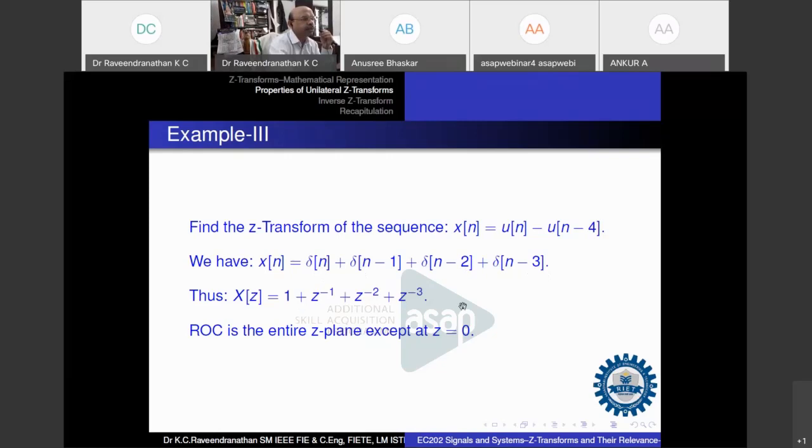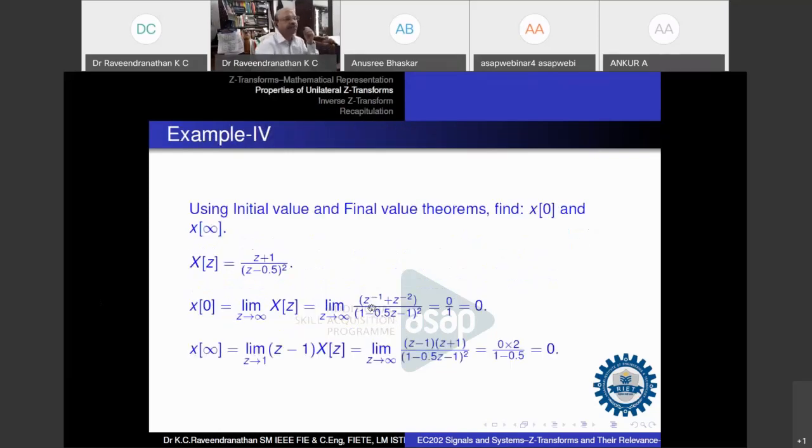So this is the expression of the z, and the entire z plane except z is equal to 0. So it will converge for all values of z except z is equal to 0. So that is the region of convergence. So whenever you specify z transform, we must also invariably specify the region of convergence. Otherwise, it doesn't convey any useful meaning.